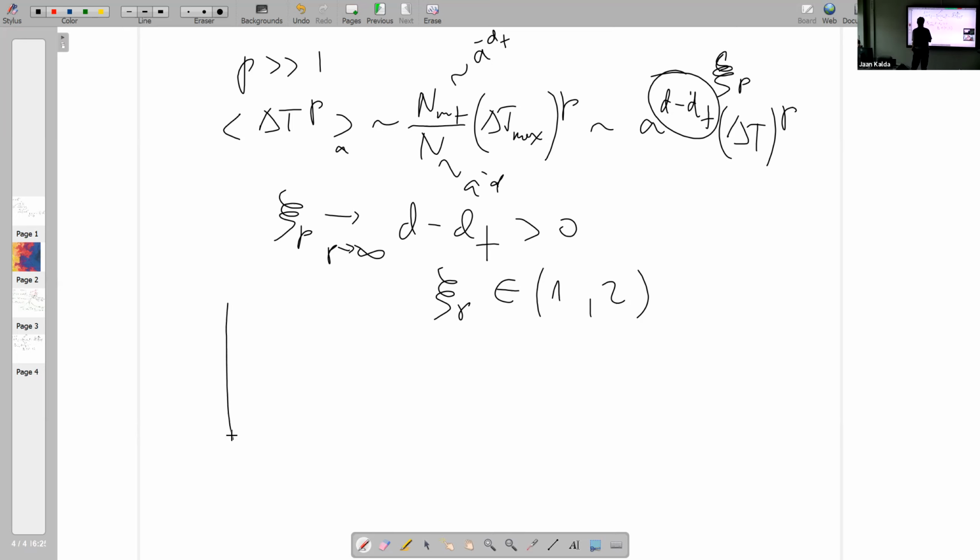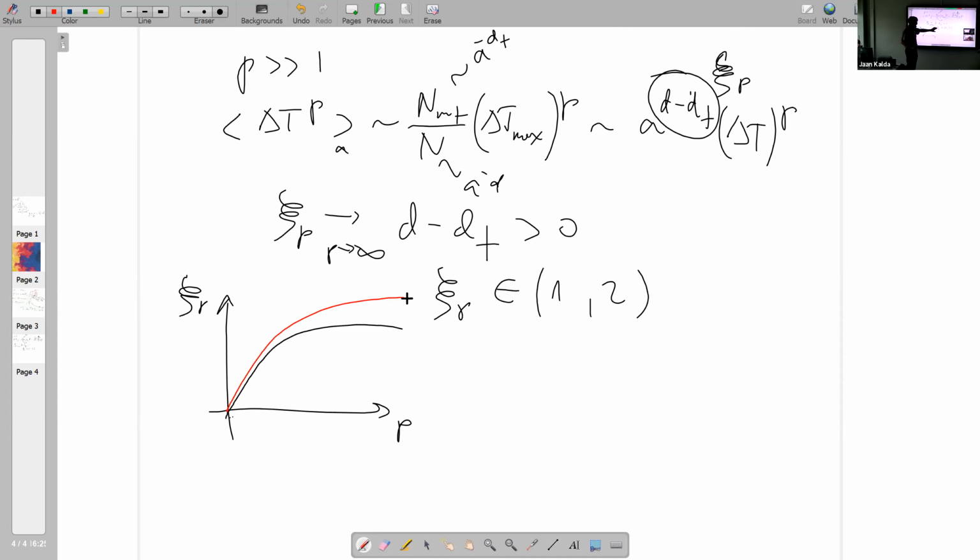So the question is, if we plot here the scaling exponent psi as an index of P against P, then it starts at small values of P, it grows because delta T goes to the power of P. Yeah? So it goes proportionally basically to P, but then here we see that it should kind of go to an asymptote, but what I have obtained from my model is that it's going to grow slowly, logarithmically.